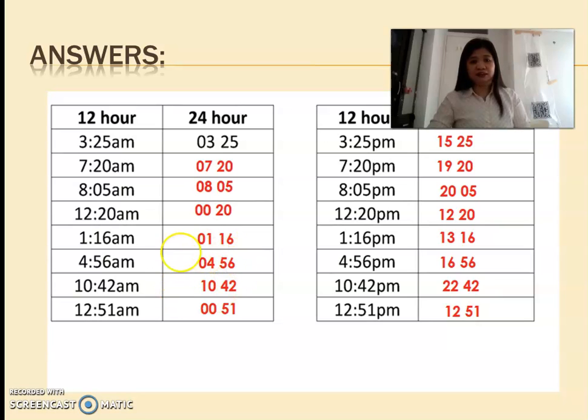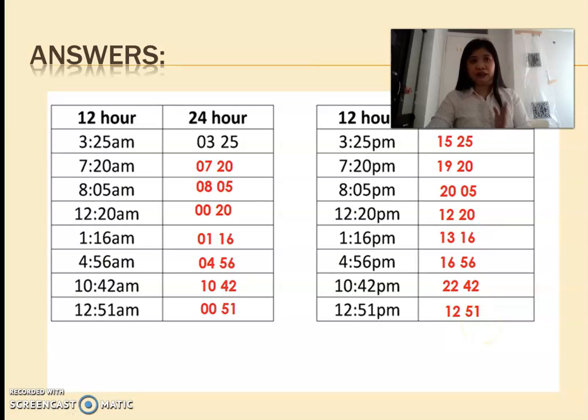Okay, also the other one, 12:51 a.m., will be 00:51. Okay, now let's take a look at the second table. If you have 12:51 p.m. here, it is still 12:51 for 24-hour clock.